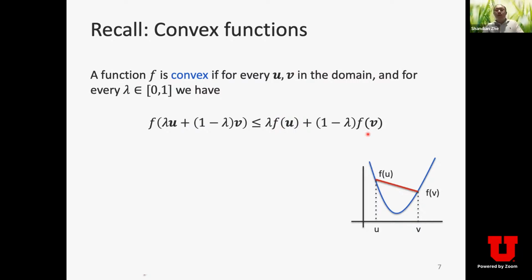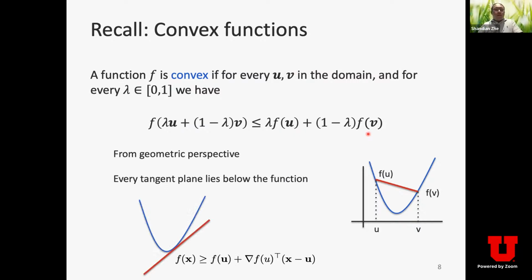That's the definition. And we have mentioned some property of convex functions. If this convex function is differentiable, that means at any input x, f(x) will be lower bounded by this linear function. So u is a variable, x is fixed. This just means f of u plus the gradient of your function f at u dot product with x minus u.